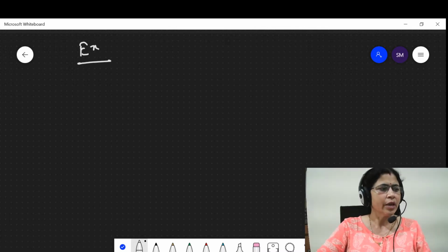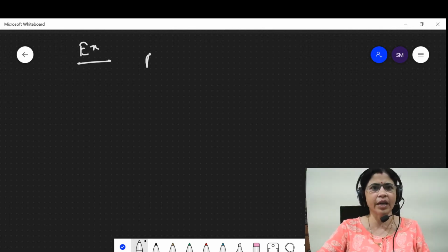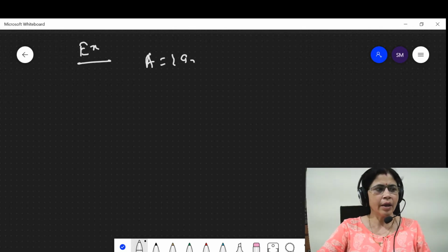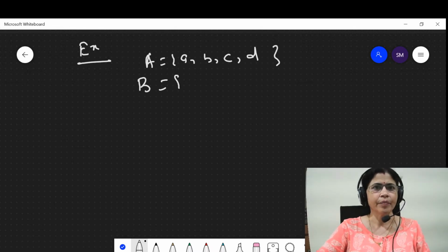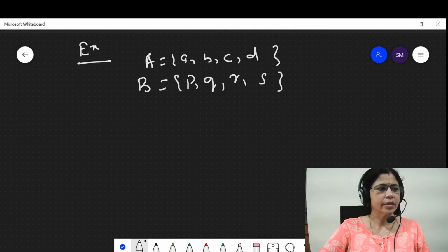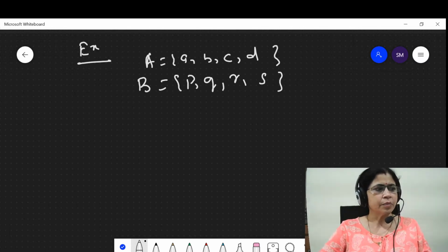Take an example. Here we say that A is the set A, B, C, D, and B is the set P, Q, R, S. Then which of the following are relations from A to B? As for your answers, please look here.